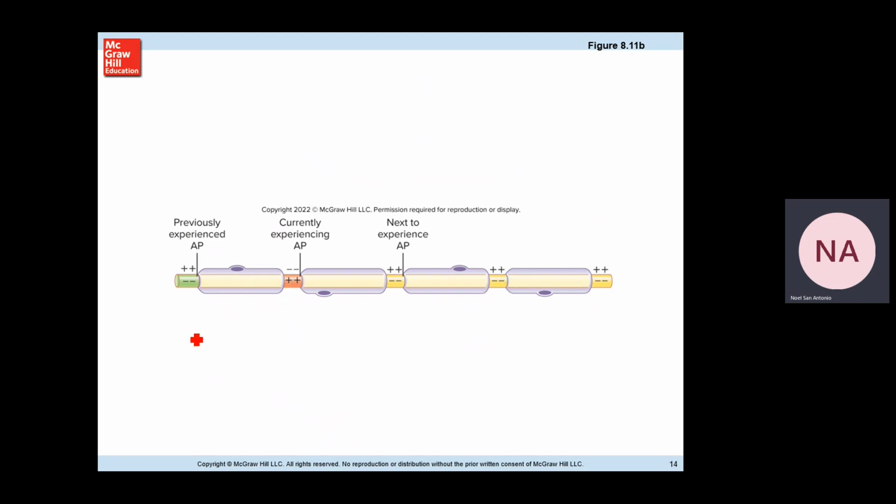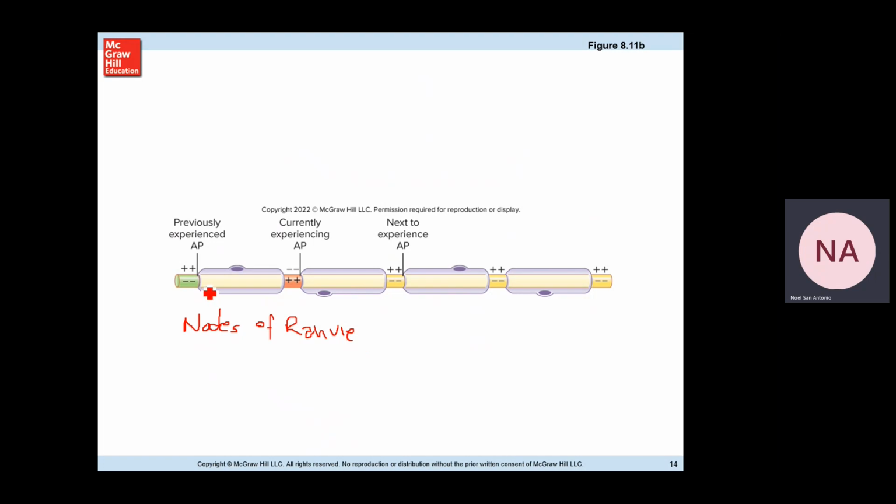And those nodes without myelin sheath cover are called the nodes of Ranvier.